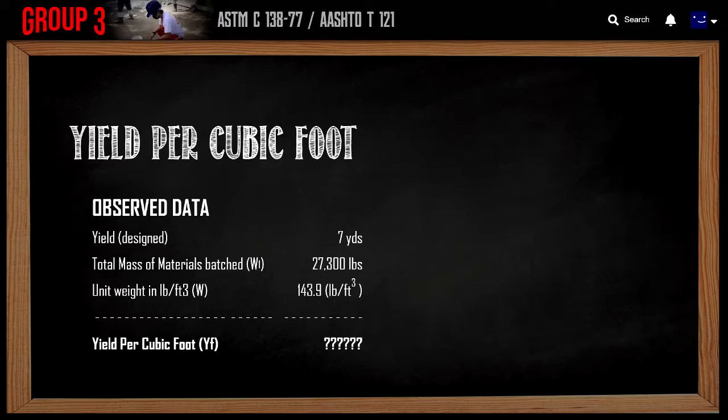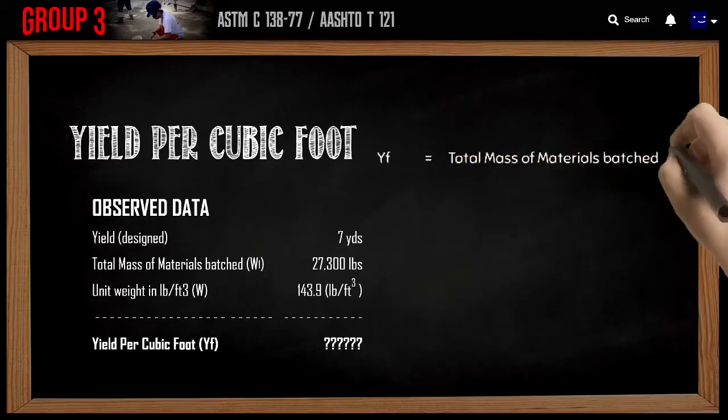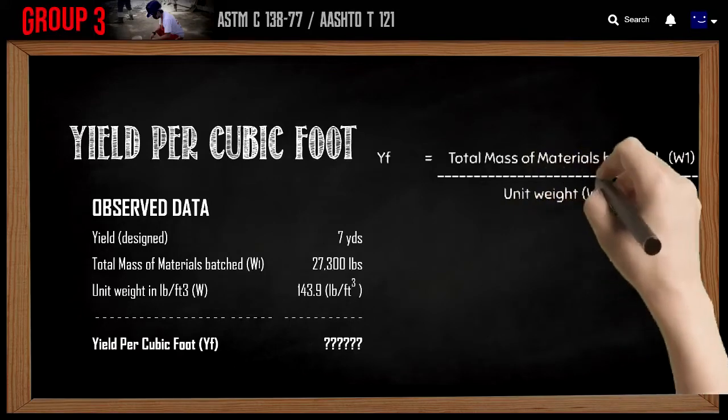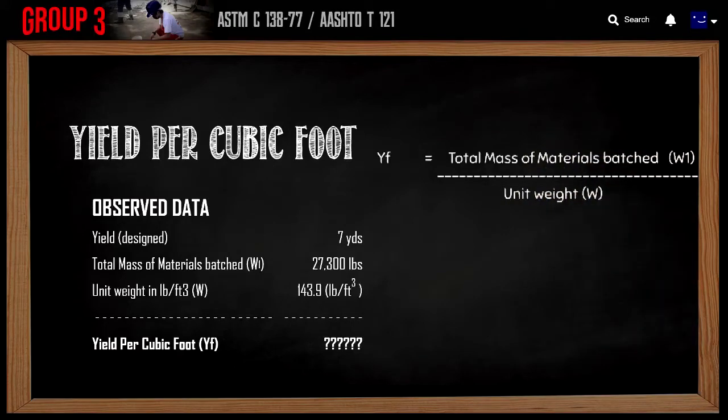The first calculation we're going to do is the yield per batch in cubic feet, and this is a very straightforward calculation. It is W1, the mass of all materials batched, which we've already determined to be 27,300 pounds, divided by the density, which we determined to be 143.9 pounds per cubic foot.